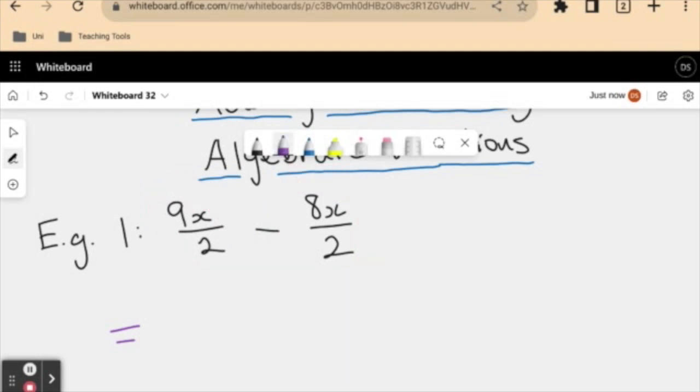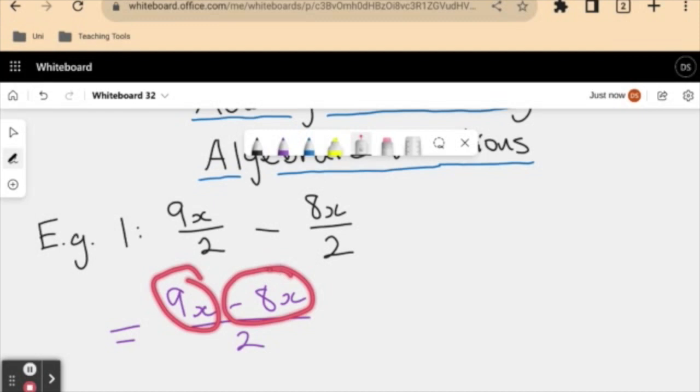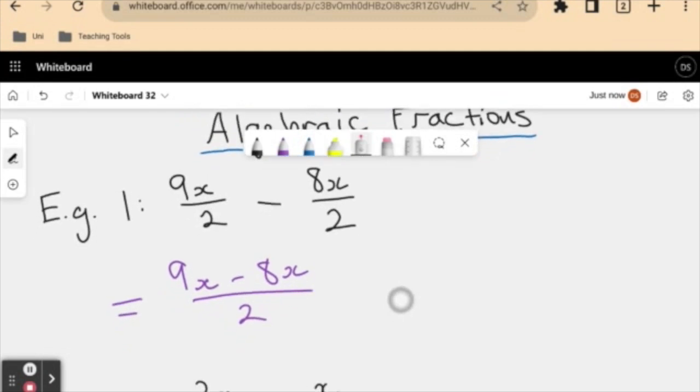So we can write this now as 9x minus 8x over 2. And from what we know about algebra, we have two like terms here. We have a 9x, and from that we're subtracting 8x.